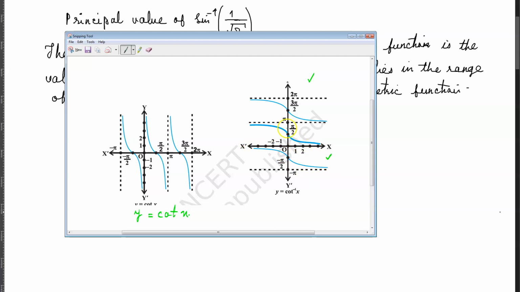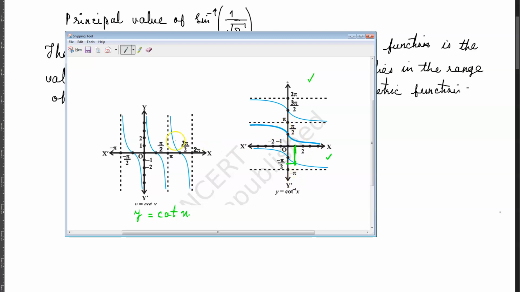Then if I were to calculate the cot inverse of 1, for example, I would get this value over here, right?